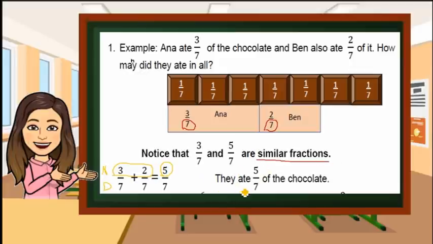But they already ate the 5/7 of the chocolate. Do you now understand? With this illustration, you can visualize addition of fractions. It will really help you a lot because you can see the distribution of fractions.